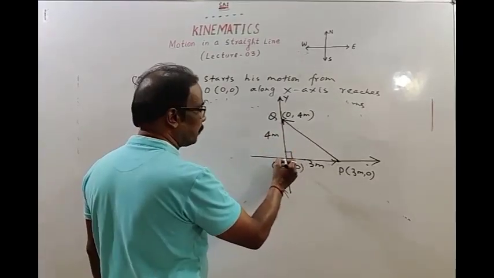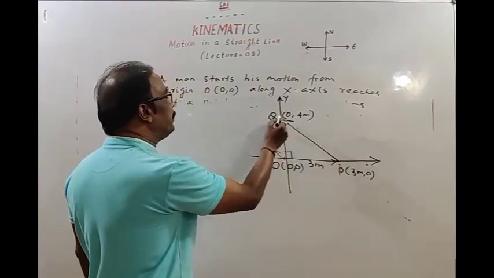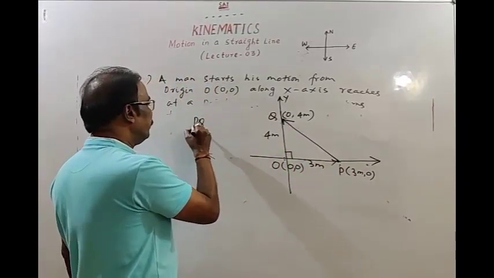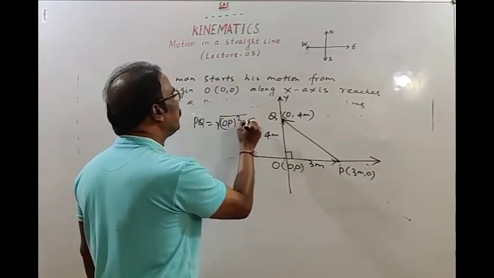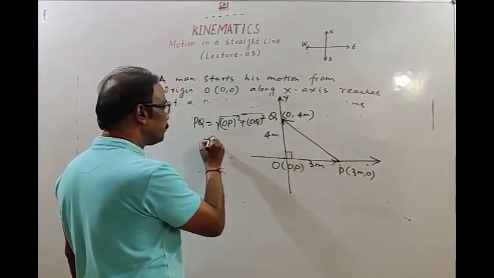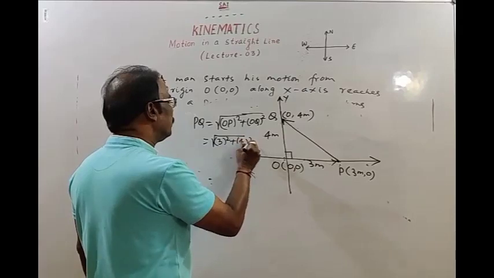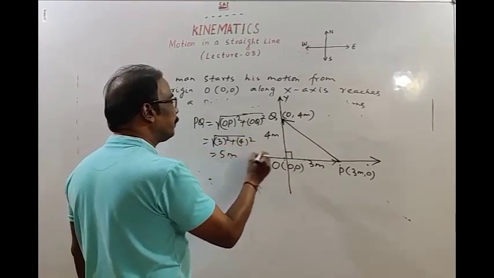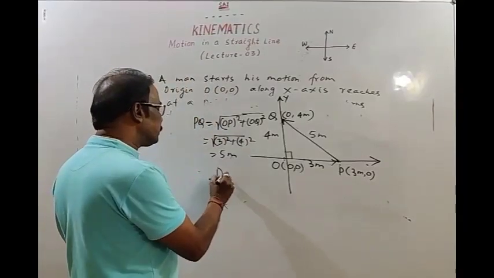So from the right angle triangle OPQ, PQ is the hypotenuse. The length of PQ is square root of OP square plus OQ square, base and perpendicular, which equals square root of 3 square plus 4 square. So PQ is 5 meter. Then we have to find distance.